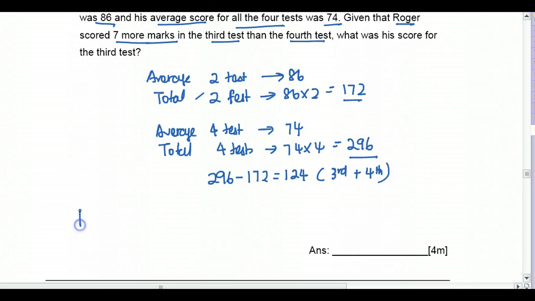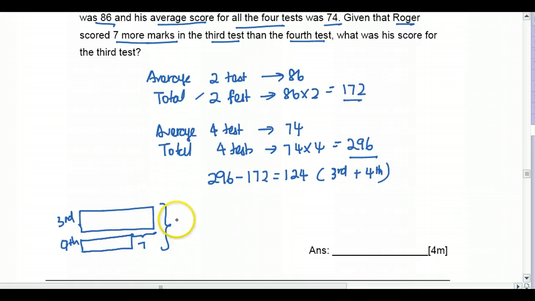So to help me see, I can draw a model. Third, fourth is less than the third test. So this is my 7 marks. This is my 124. So what was the score for his third test?